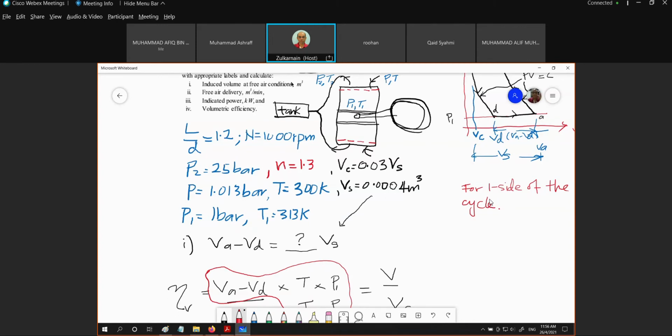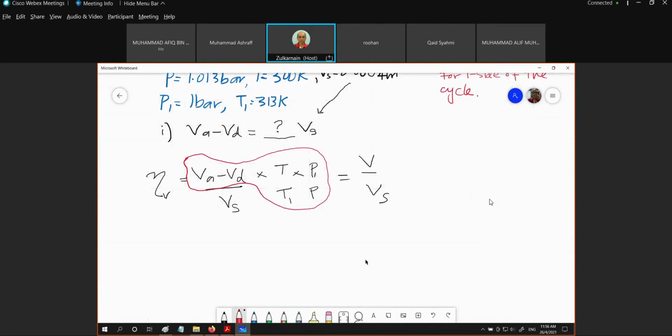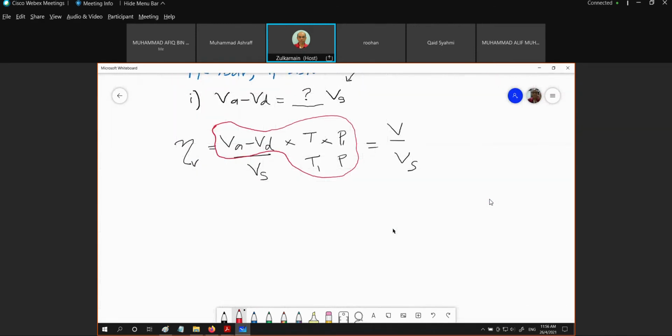But the unit that we want is per cycle. So now we try to get this VA minus VD in terms of Vs.